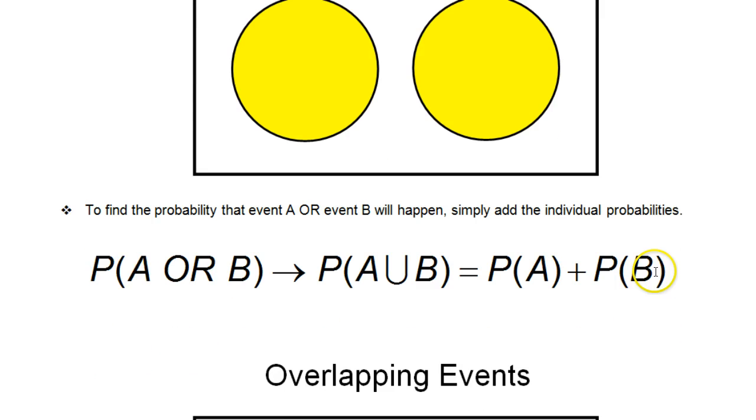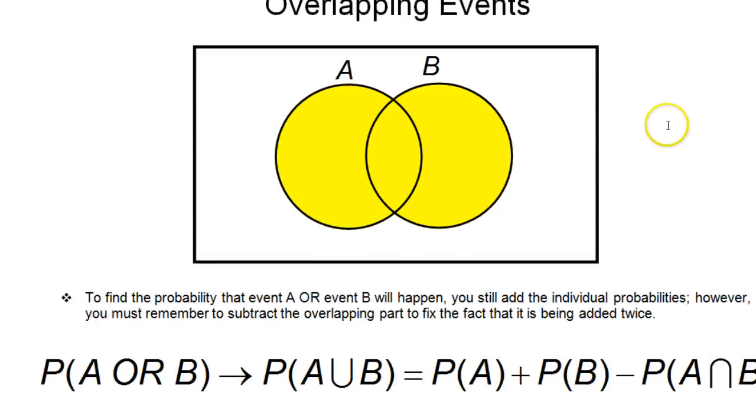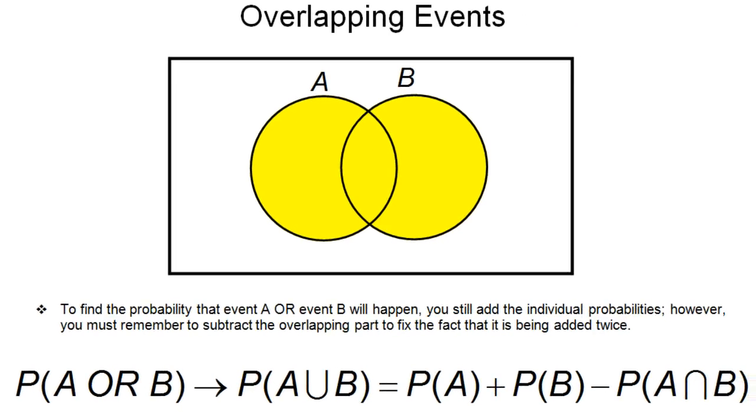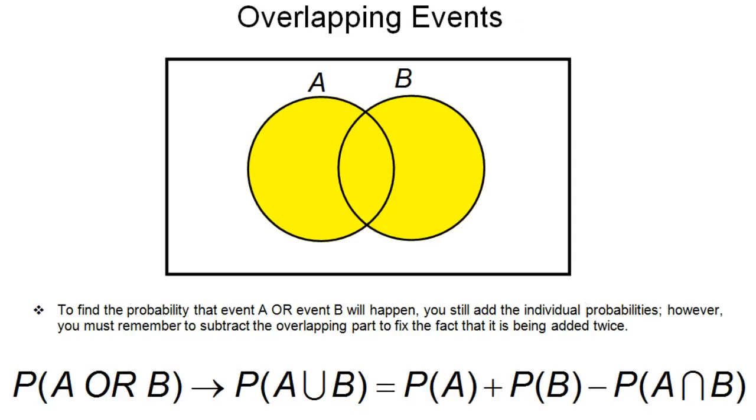Simple. Now, for the situation of overlapping events like this, it's almost the same, but with one small tweak at the end. So if I want the probability that event A or event B will happen, you're still going to add the individual probabilities.